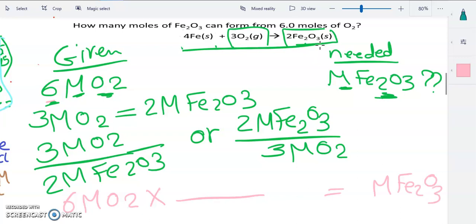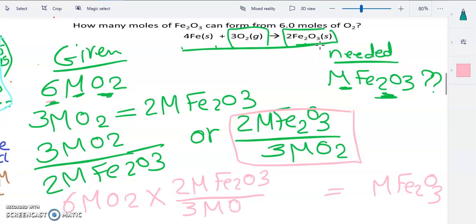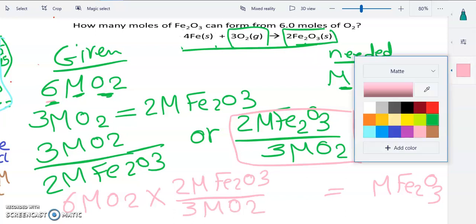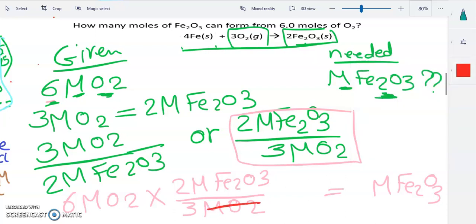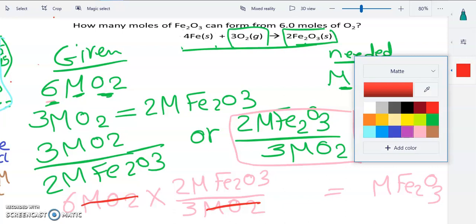So here we need to get rid of the oxygen, so the best one to use is this one here. So 2 moles Fe2O3, 3 moles O2, and then red to cancel out this, and you can get the result.